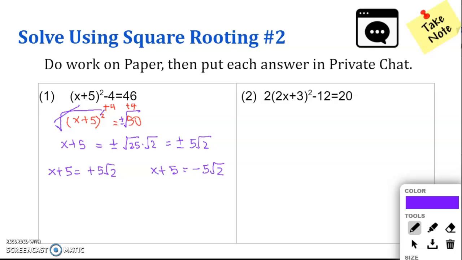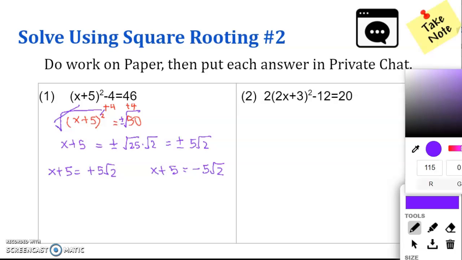Then I need to subtract 5 from both sides, and that leaves me with x is equal to negative 5 plus 5 root 2. Remember, I cannot simplify this further. I can factor out 5, but that's probably not really going to be useful.